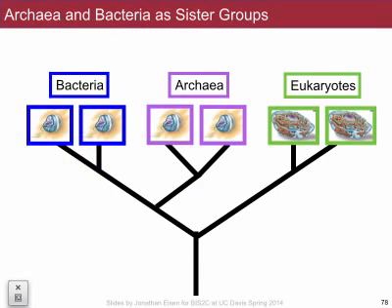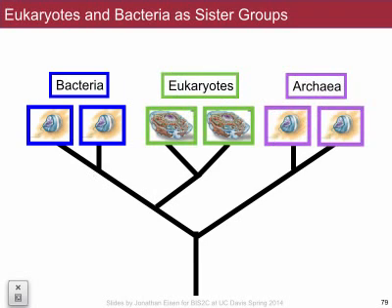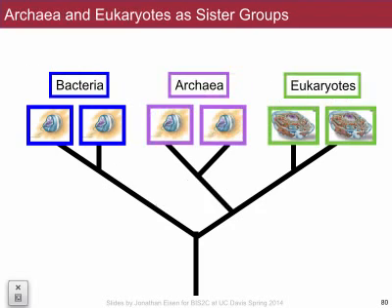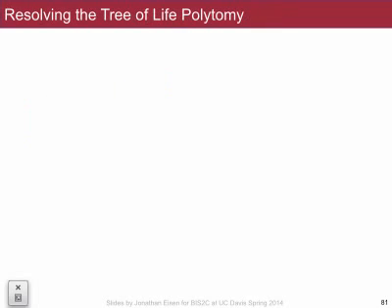Here's one possibility with bacteria and archaea as sister groups. Here's another possibility with bacteria and eukaryotes as sister groups. And here's a third possibility with archaea and eukaryotes as sister groups. So those are the 3 ways you can resolve this three-domain tree polytomy.